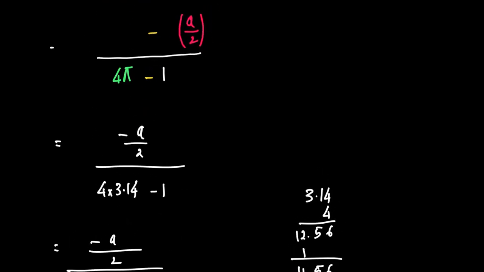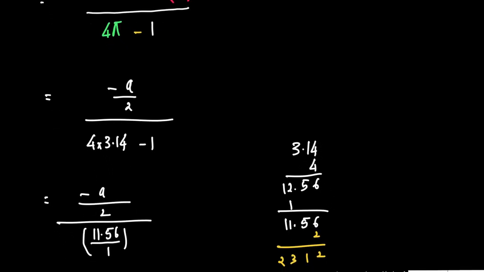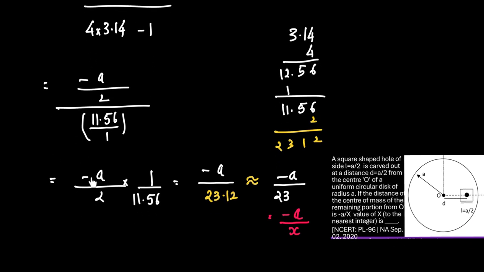4 pi minus 1, pi is 3.14 into 4 is 12.56, and 12.56 minus 1 is 11.56. This becomes minus a by 2 divided by 11.56, which is minus a by 2 into 1 by 11.56. 11.56 into 2 is 23.12, so approximately this is minus a by 23.